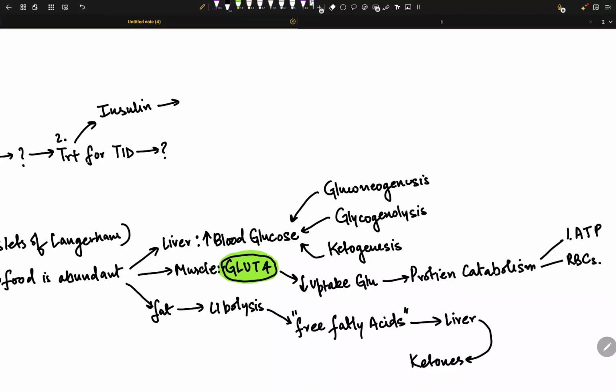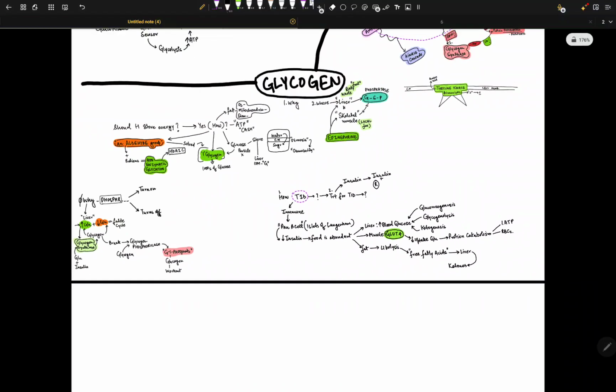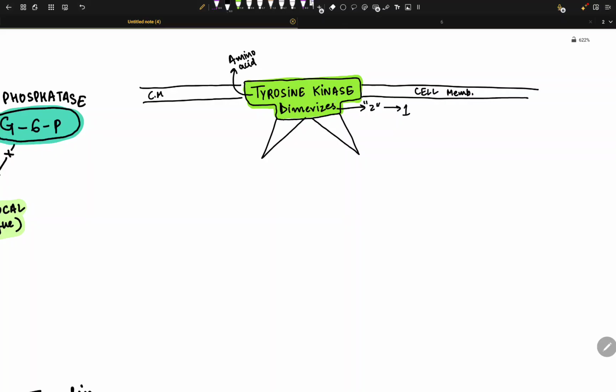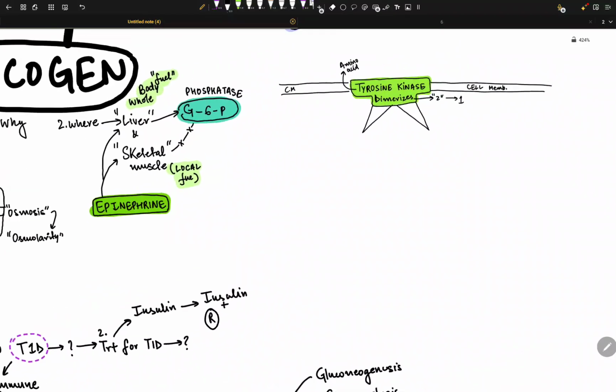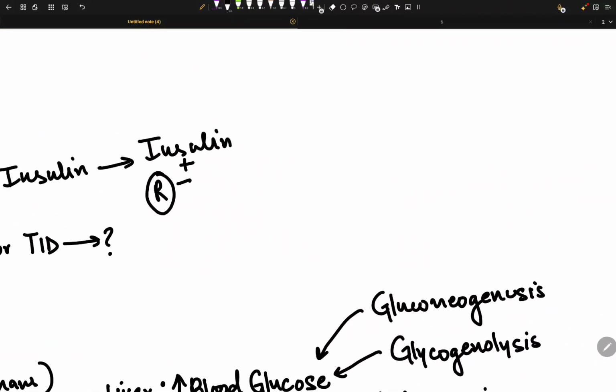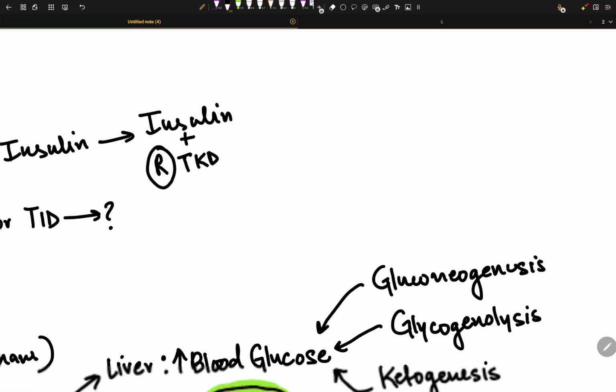Insulin binds to the insulin receptor. What is the name of this receptor? From the last video we talked about the receptor tyrosine kinase dimerizes. That's the receptor name, and it's present on the cell membrane. So insulin binds with its receptor tyrosine kinase.